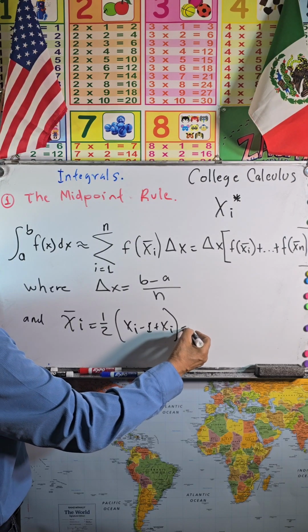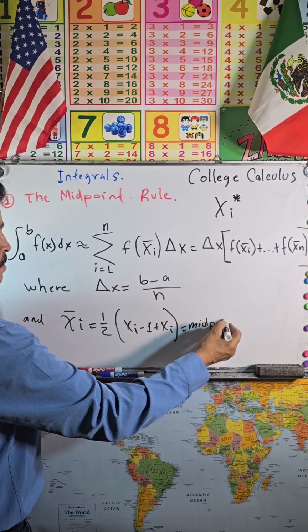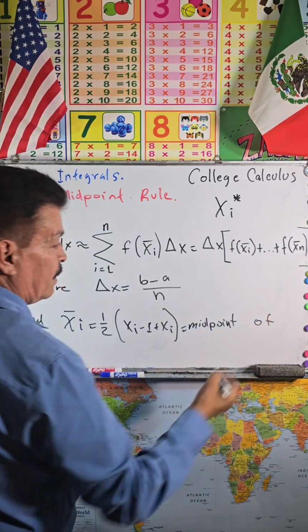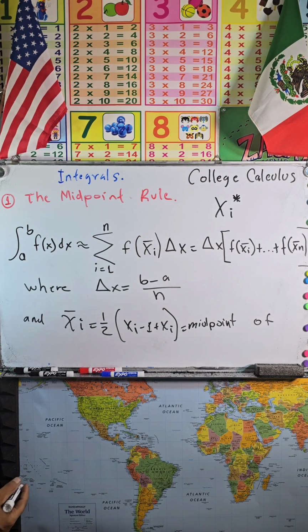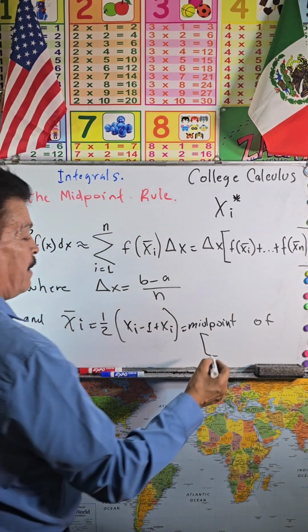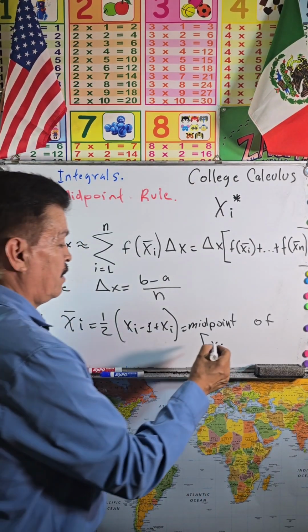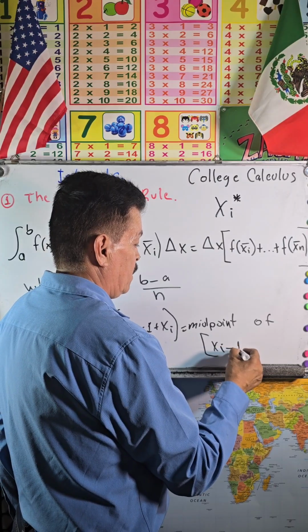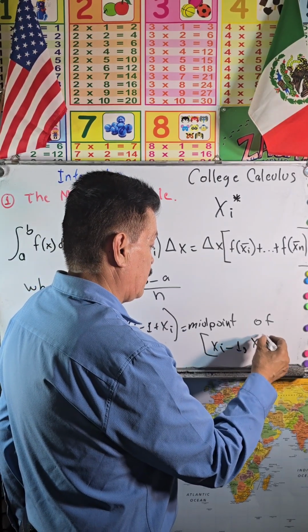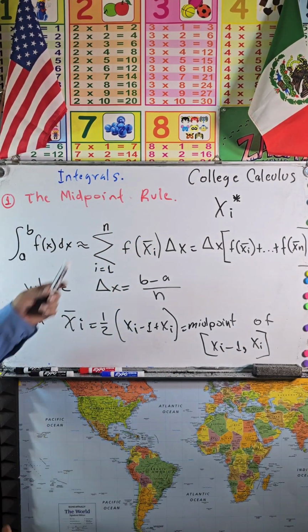This is the midpoint of the interval x i minus 1 comma x i. Okay, that's the midpoint rule.